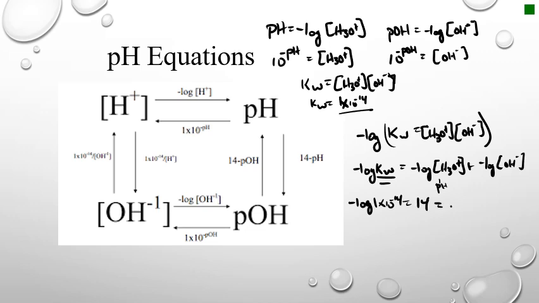So I could have 14 equals pH plus negative log of OH minus, which by definition is pOH. So just like the H3O plus and the OH minus have to be multiplied together to equal 1 times 10 to the minus 14th, we can take the pH, add the pOH, and it will always equal 14.